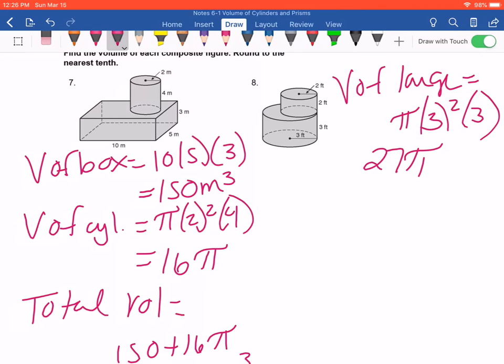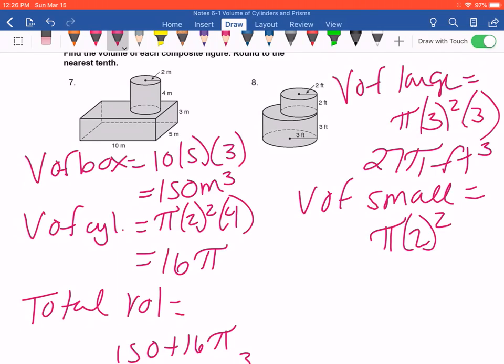All right, so my volume of the large cylinder is 27 pi feet cubed. Now I want to consider the volume of the smaller cylinder. So I know the area of my base is pi r squared times my height. So we end up with about 8 pi on that one.